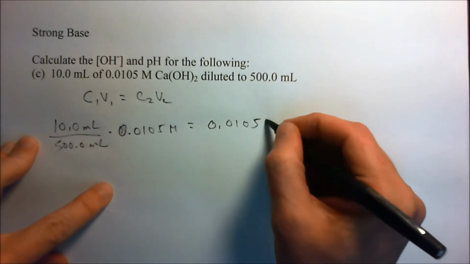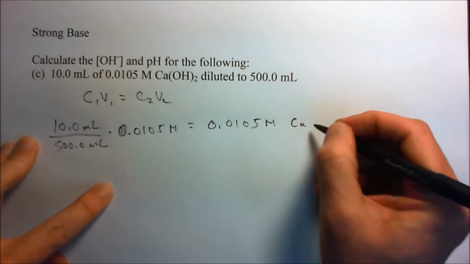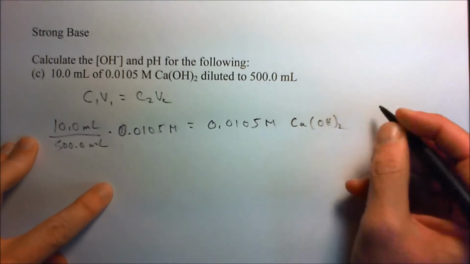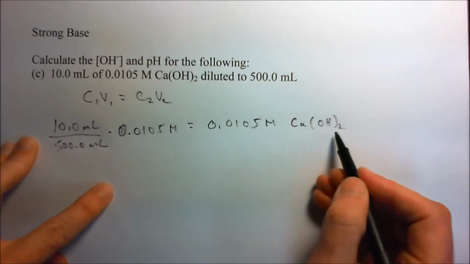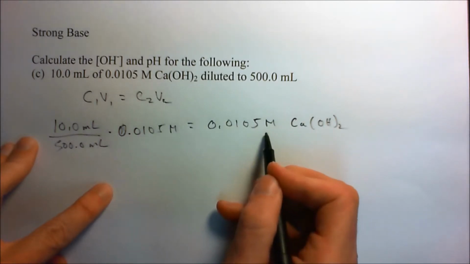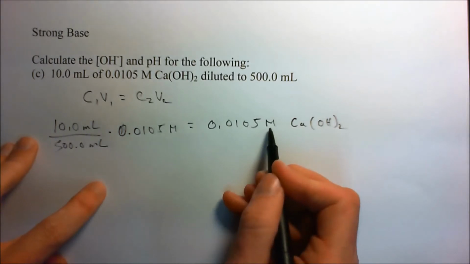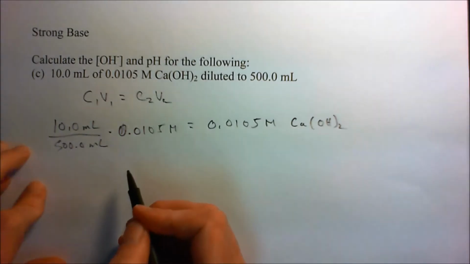Now that's for the calcium hydroxide. But recall that this has 2 hydroxides, so we're going to have to multiply this times 2 to get the number of moles of OH minus we have.